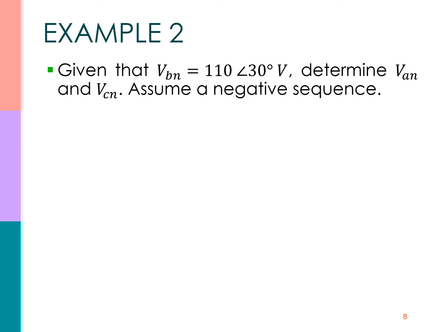Okay, we move to another example. Given that VBN equals 110 with 30 degree angle, determine VAN and VCN. Assume a negative sequence. Since it is mentioned as a negative sequence, it is an ACB sequence.